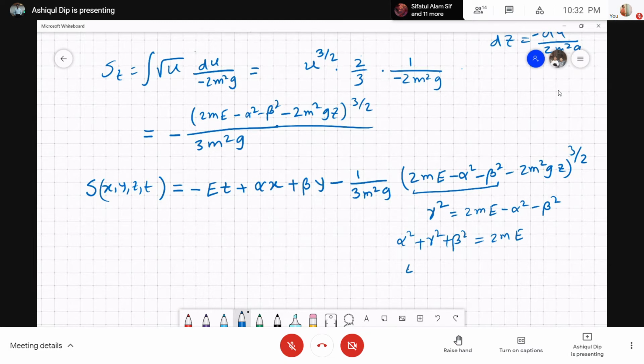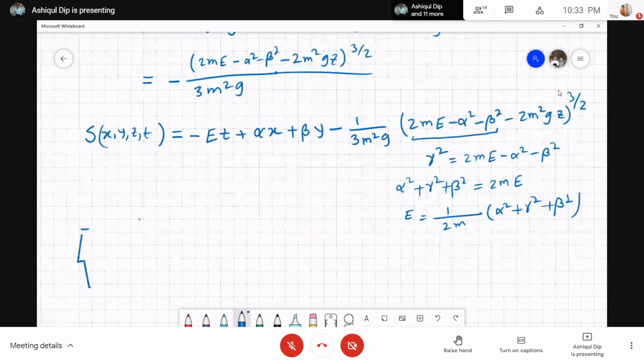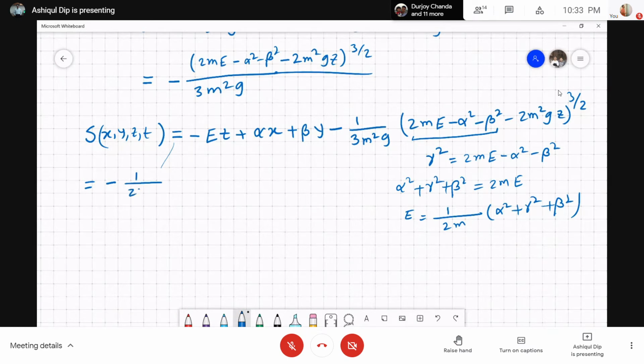So what's my E? E equals 1/twice m times alpha square plus gamma square plus beta square. I can write it like that, just renaming those constants. So I can write negative E, which is 1/twice m, and on the top you have alpha square plus beta square plus gamma squared, into t. Happy?